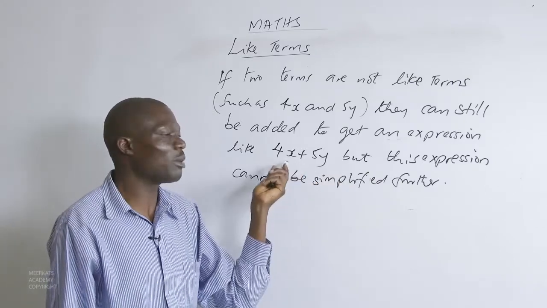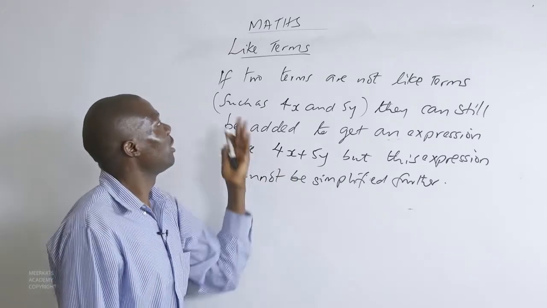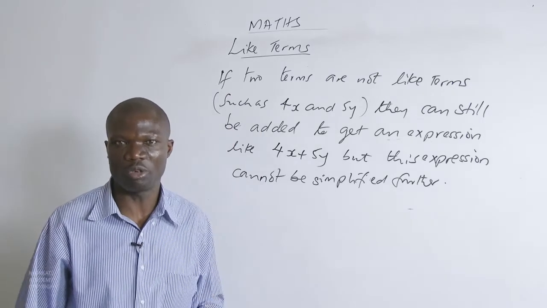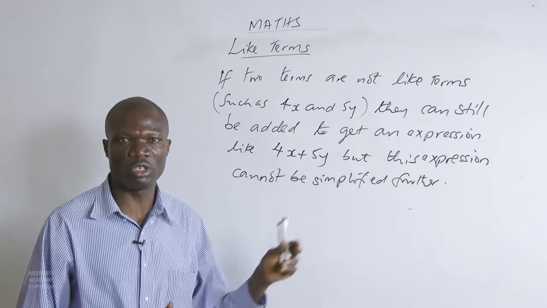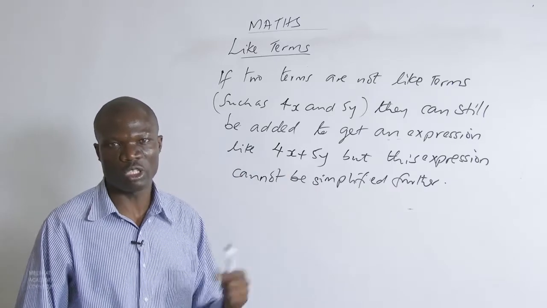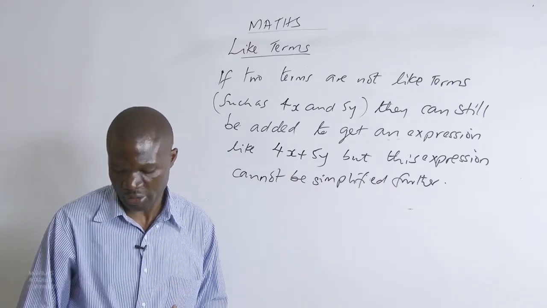So it will remain with the two terms. So in dealing with like terms, those are the 3 serious points that we must always observe. As we go into the questions now, we shall maintain the 3 points that we have looked at above. So let us look at the following questions.